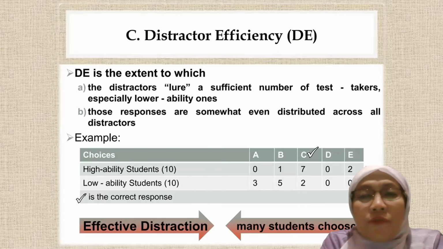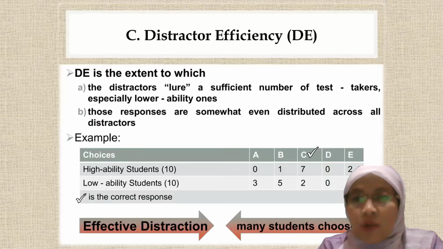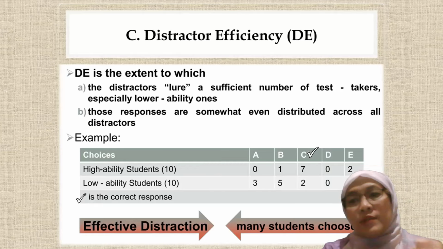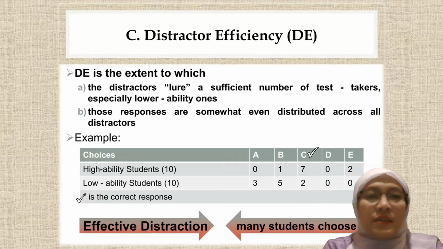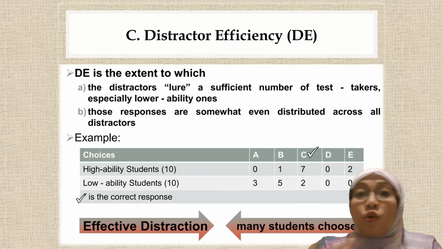Now, distractor efficiency. As you can see, when we make multiple choice, first we make the stem and then we make the options. In the options, there will be one correct answer and the others will be the distractors. Distractor efficiency is the extent to which the distractors can lure, bisa menggoda, a sufficient number of test takers, especially lower ability ones.